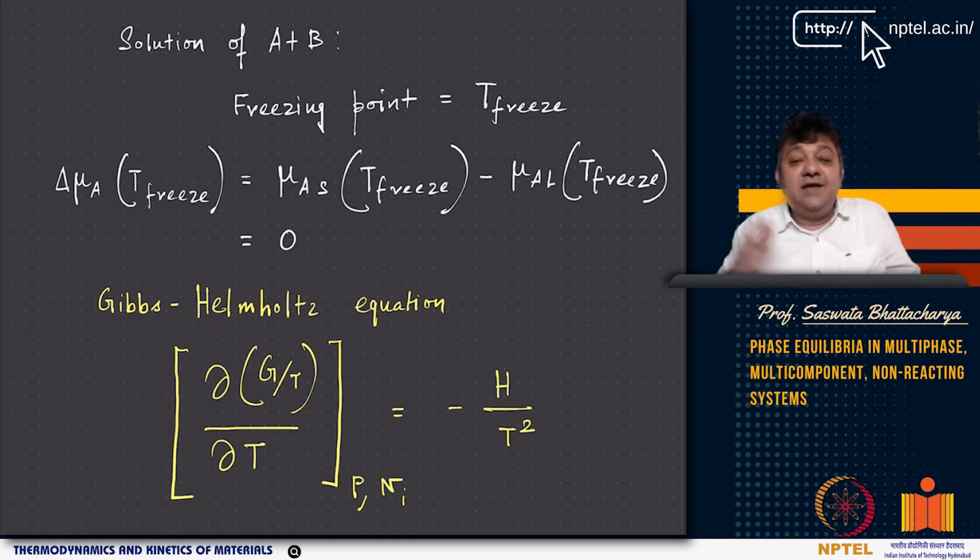Solution freezes means that at T freeze you have an equilibrium between the solution in the solid state and the solution in the liquid state. Now, delta mu A, the relative partial molar free energy of component A, is equal to the difference between the chemical potential of component A in the solid state and in the liquid state.